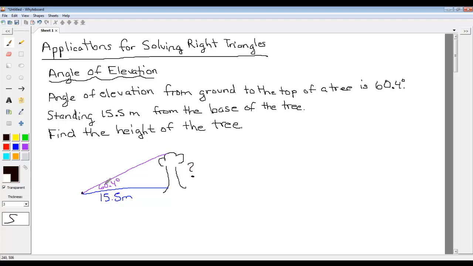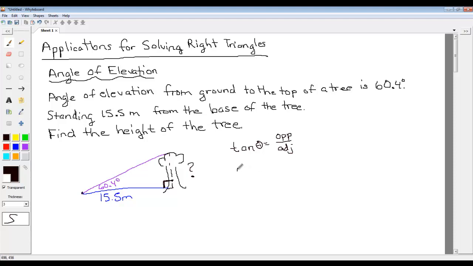Okay, so we know the angle. We're trying to find the opposite side here because basically we've got a right angle here. Even though my sketch isn't drawn very well, we've got right angles. We've basically got a right triangle going on here. We know we're trying to find the opposite side. We know the adjacent side. Well, in trig, we know that tangent of theta can be found by doing the opposite over adjacent.